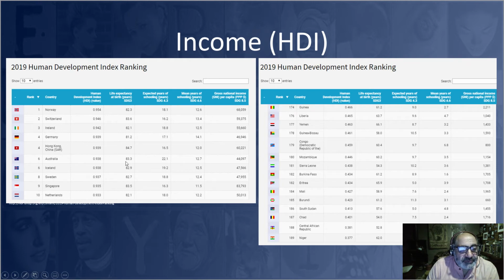Life expectancy for an Australian, if you're born today in Australia, you'll live till you're 83 on average. It is expected that an Australian will do 22 years of schooling. Look at that compared to Hong Kong, Germany, Ireland, a lot more. Good and bad. That either means because there's no jobs, so you're going to have to stay at school longer, or it means we're the smartest people in the world.